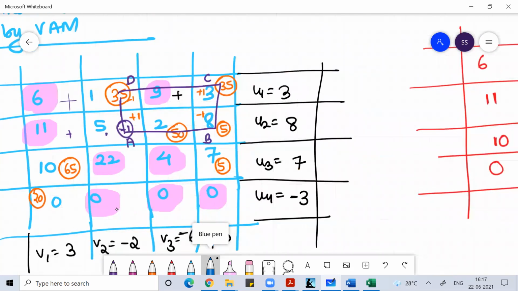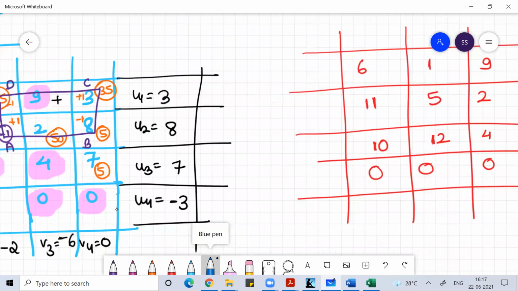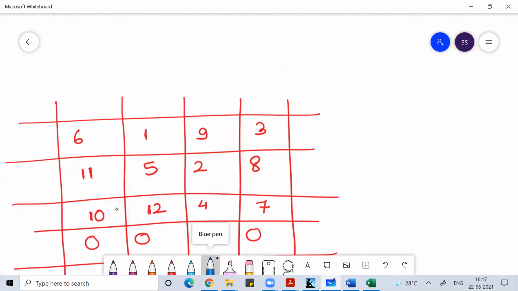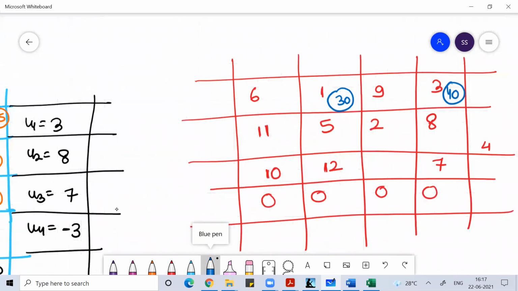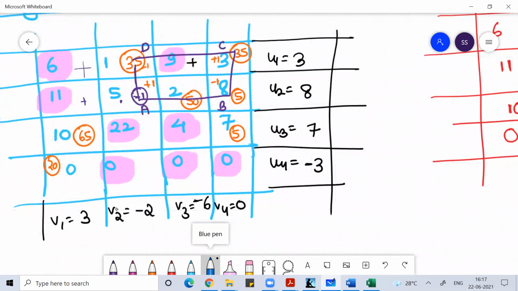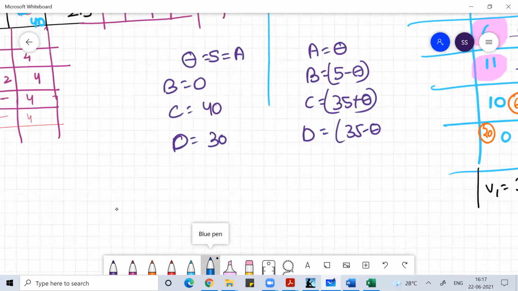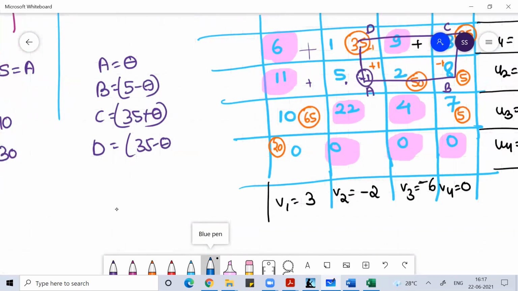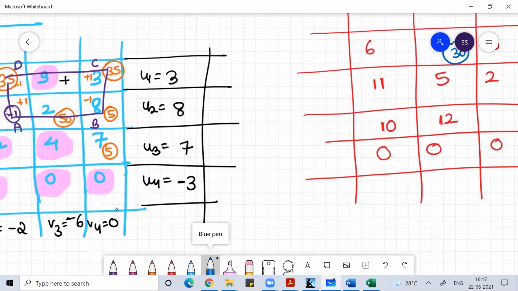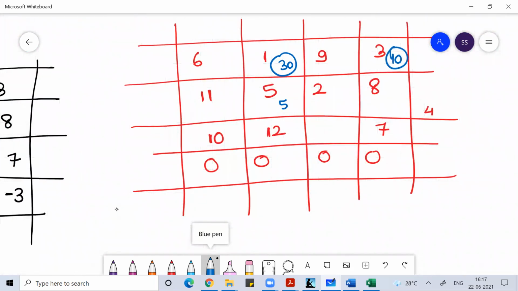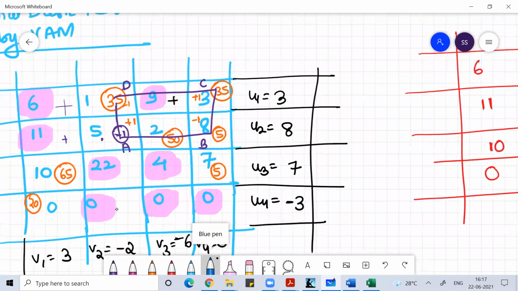This is 30 and then 40. This is 30, this is 30, this is 40. And then this 5 becomes how much? 5. This 5 is 5, allocation is 5.